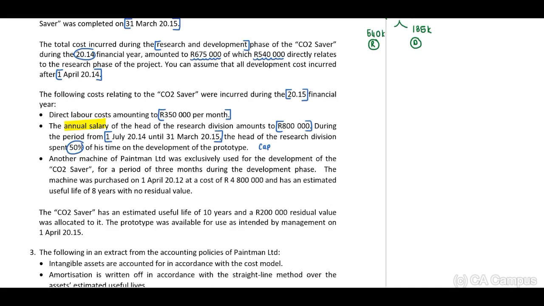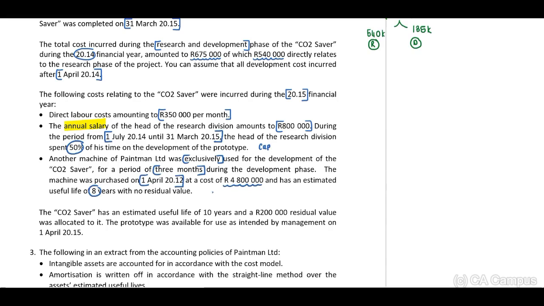Another machine of PaintMan Limited was exclusively used for the development of the CO2 saver for a period of 3 months during the development phase. The machine was purchased on 1 April 2012 at a cost of 4.8 million and had an estimated useful life of 8 years with no residual value.